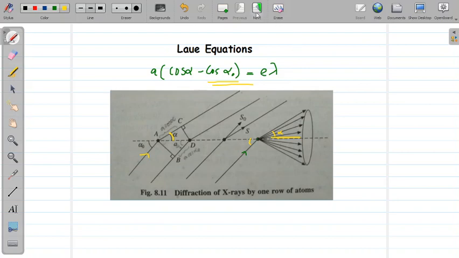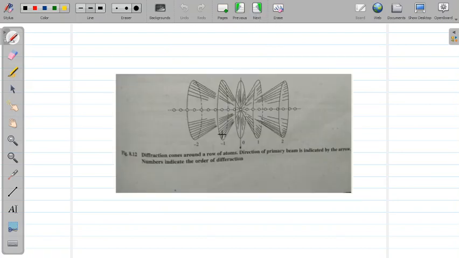So if we see here, I have drawn the set of concentric cones, each corresponding to different values of h. This is h equal to 0 case, this is h equal to 1, this is h equal to 2, etc. And if the incident beam is falling onto the atom, the diffracted beam can go through any of these paths.